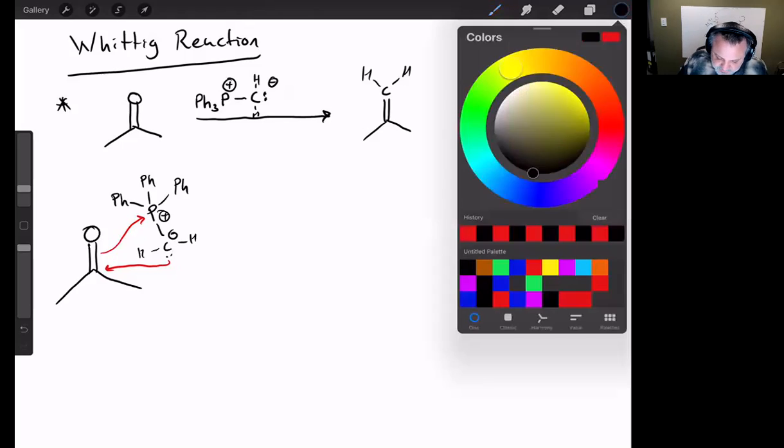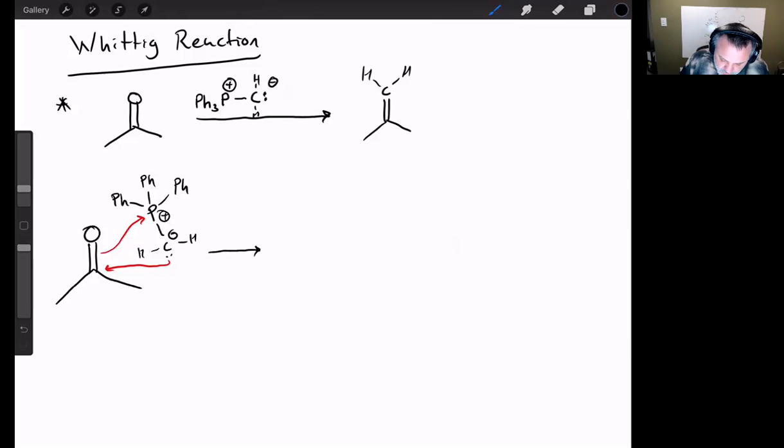This leaves us with a cyclic intermediate, a cyclic tetrahedral intermediate. Remember that phosphorus can have an expanded octet. So I'm going to show 5 bonds to phosphorus, but that's going to be okay.